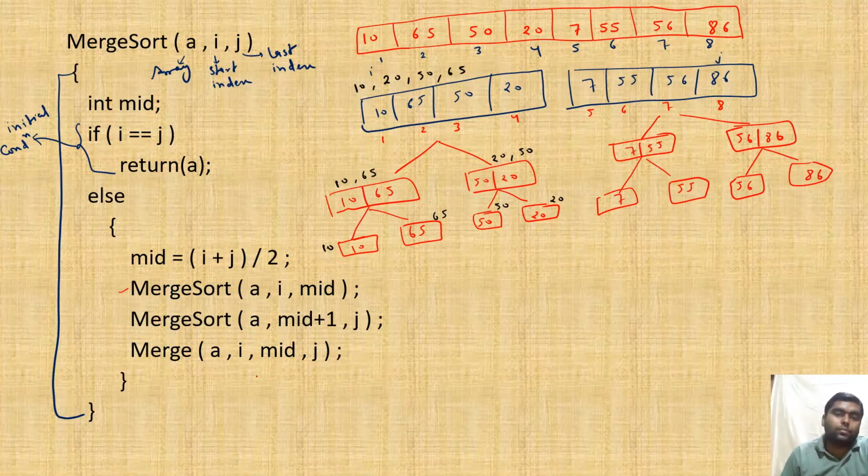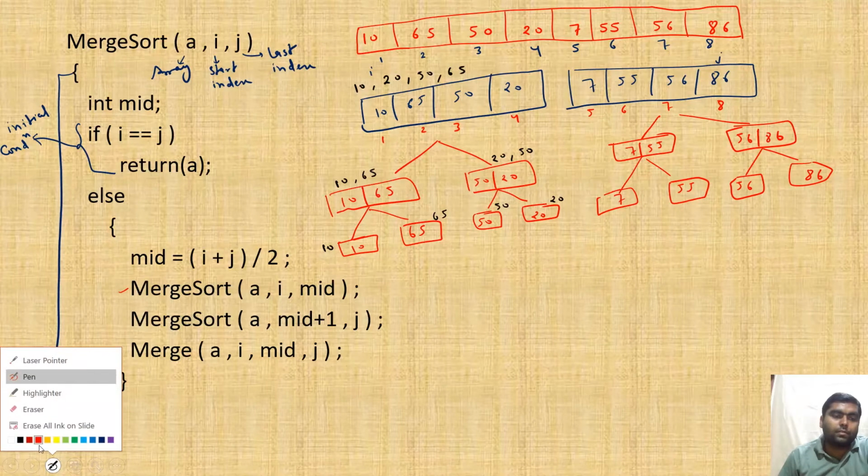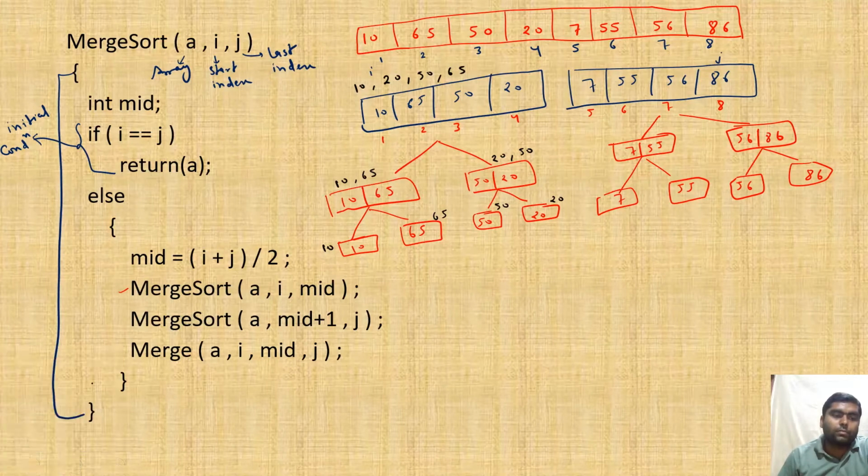Observe very carefully. Okay, after this, returning will always be there. So what will be returned? For 7, i equals j, yes of course, so simply return a, so 7 will be returned, and here 55 will be returned, here 56 will be returned, and here 86.